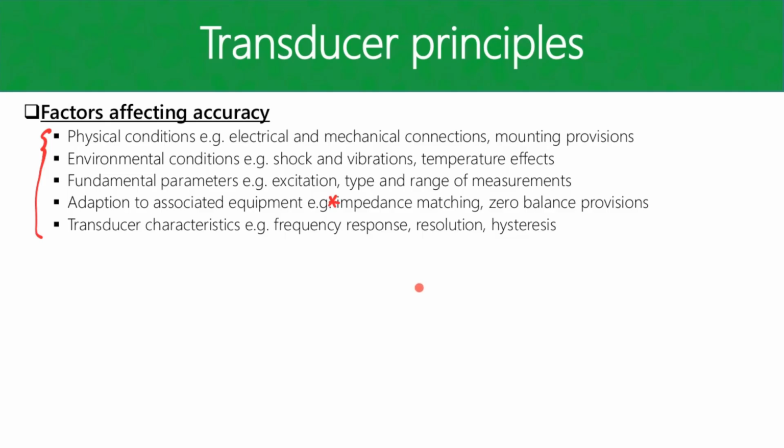So if, let's say, your sensor has a low output impedance, then you also need to ensure that the amplifier or the circuit that you're going to use to interface that sensor to your output device also has a low input impedance. Right, that is if your sensor has a low output impedance. And if it had a high output impedance, then obviously your process device also needs to have a high input impedance.